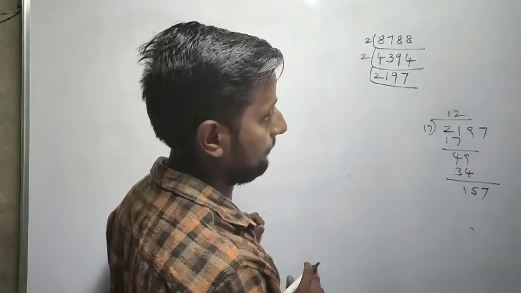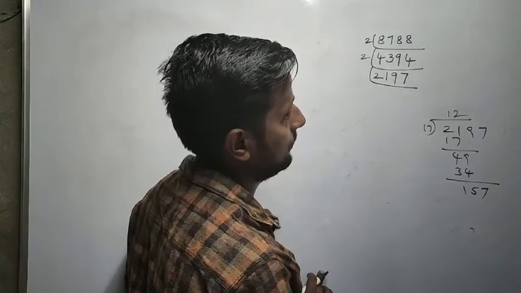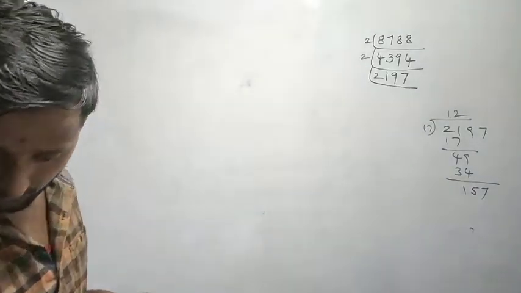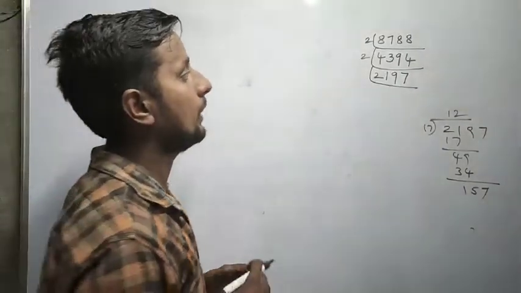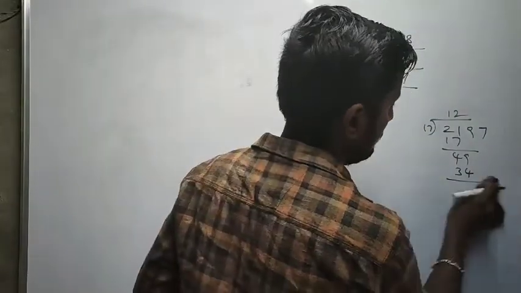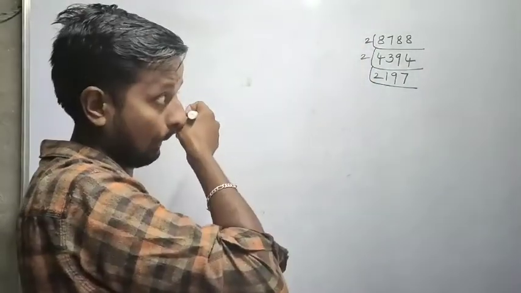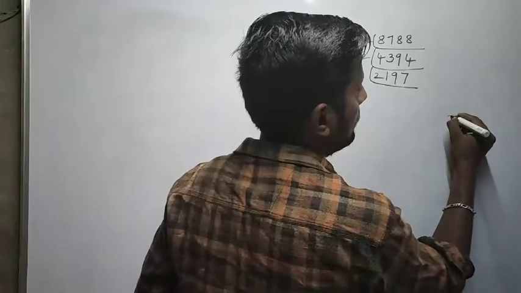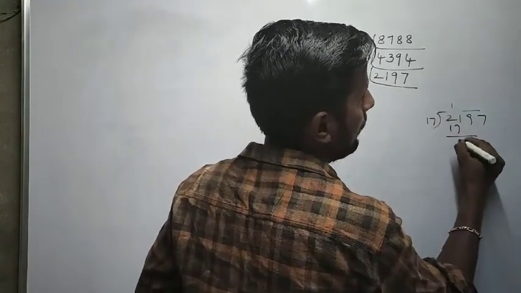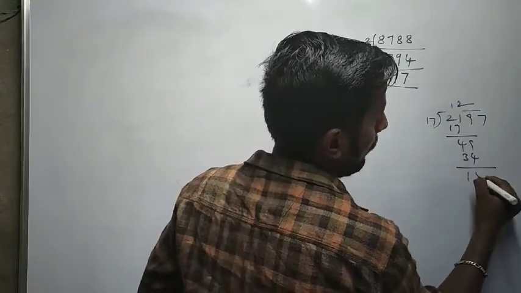157. No, 17. With what number will it divide? 3, 12, 19. Same, 17 1s are 17. Here we get 49. 17 2s are 34. 157.